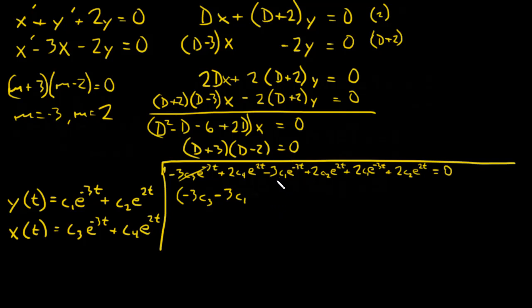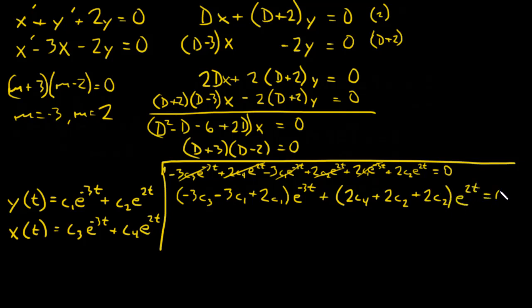So that one's gone. And then this one right here, plus 2c1. And that's e to the negative 3t. Plus, now that I've done that, I can do the c4s and c2s, so 2c4 plus 2c2 plus 2c2 times e to the 2t equals 0.